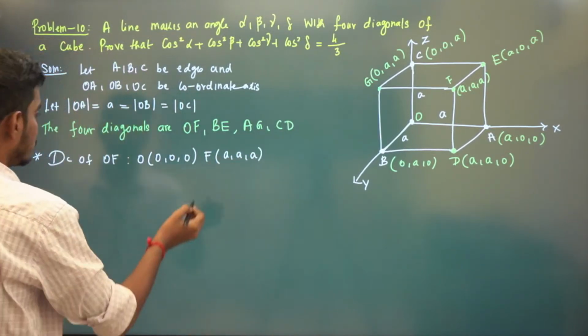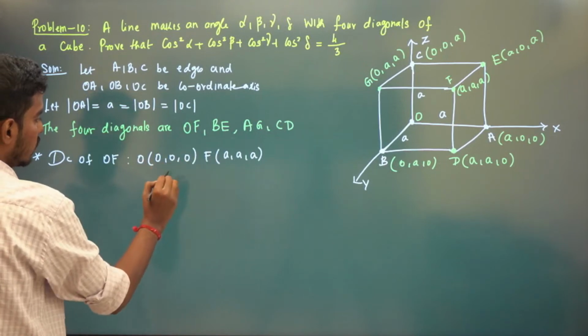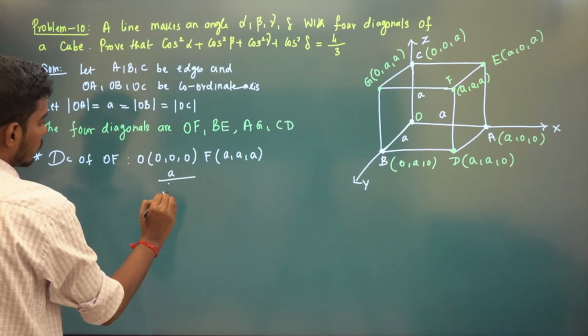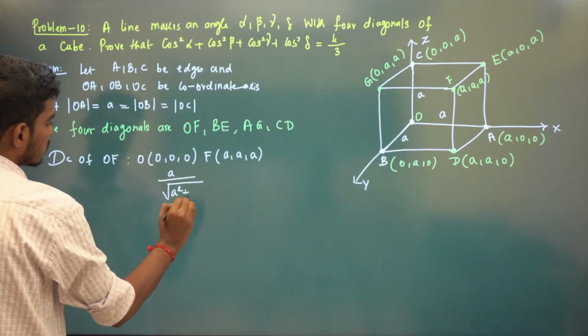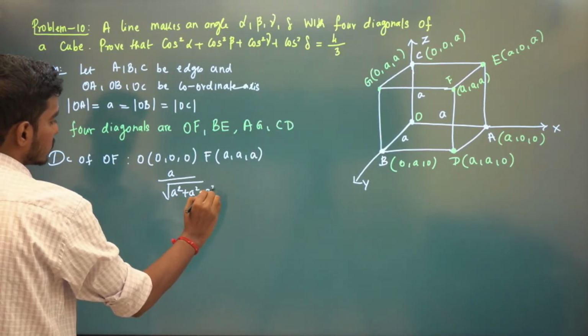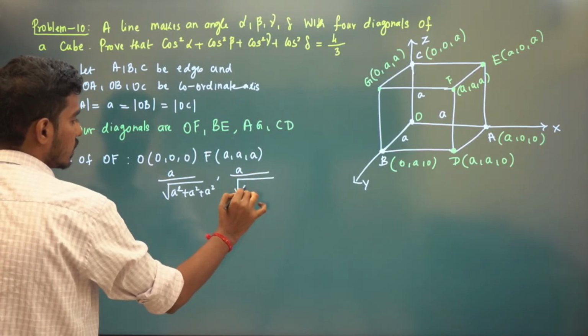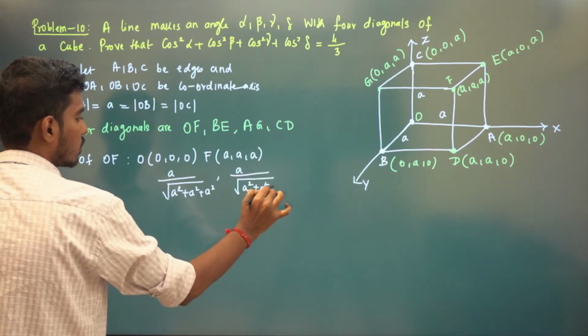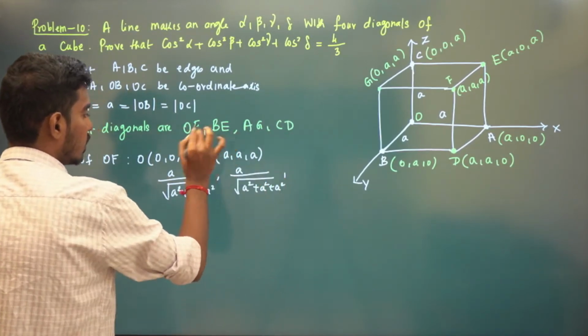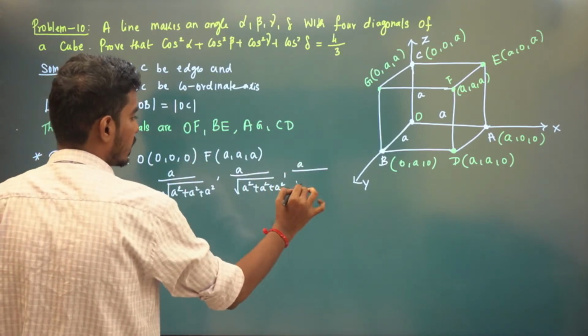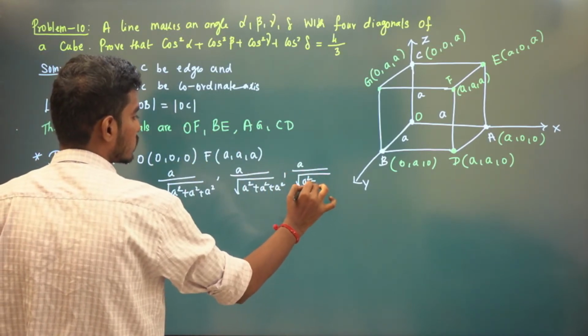Now what is direction cosine? (x2 minus x1) divided by the length of this. So it will be a square plus a square plus a square, (y2 minus y1) divided by the length, (z2 minus z1) divided by the length.